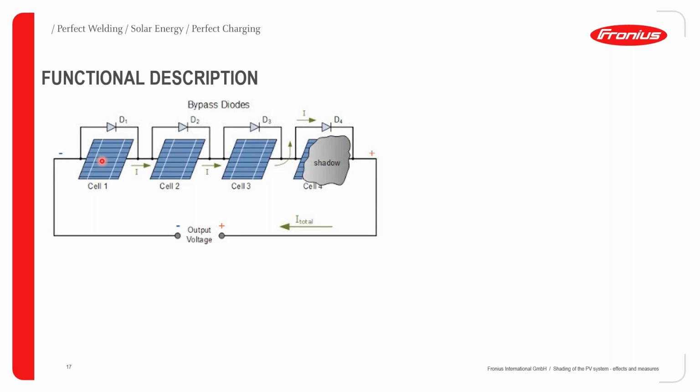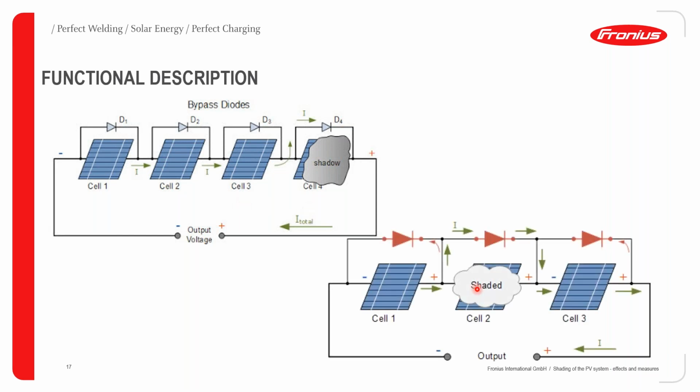So instead of having no power at all, in the case whereby there was no bypass diode, of course, you can at least have the power generated from these three cells. So the positioning of the impeded cell does not matter, as you can see in this case. Even if the cell is in between, the current just bypasses it, flows through the bypass diode, and then continues.